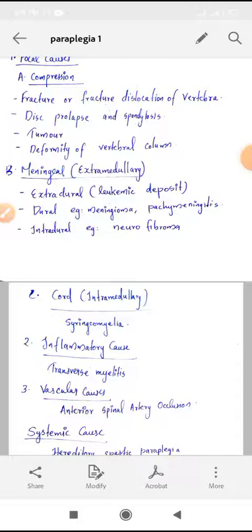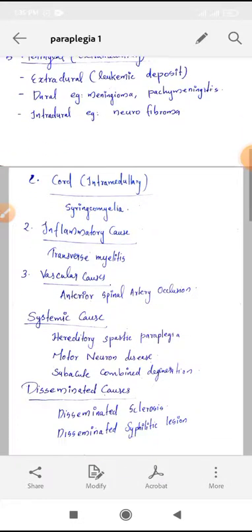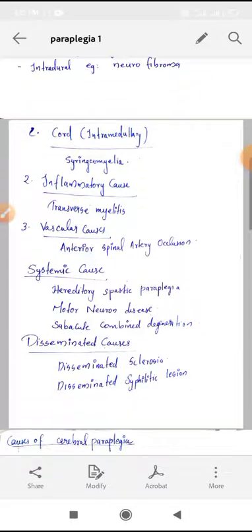Or an inflammatory cause like transverse myelitis, or a vascular cause, that is anterior spinal artery occlusion. A systemic cause may be hereditary spastic paraplegia, motor neuron disease, subacute combined degeneration. A disseminated cause may be disseminated sclerosis or a disseminated syphilitic lesion.